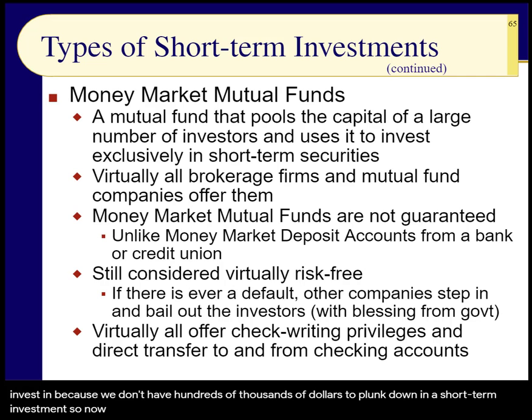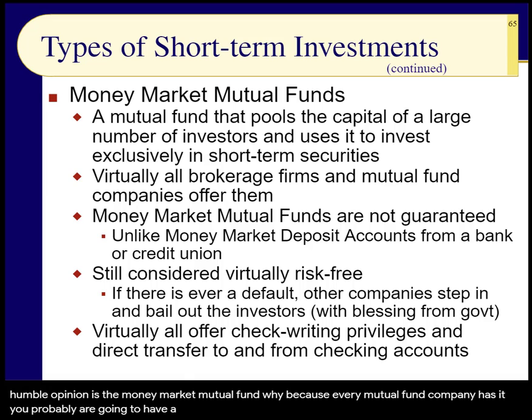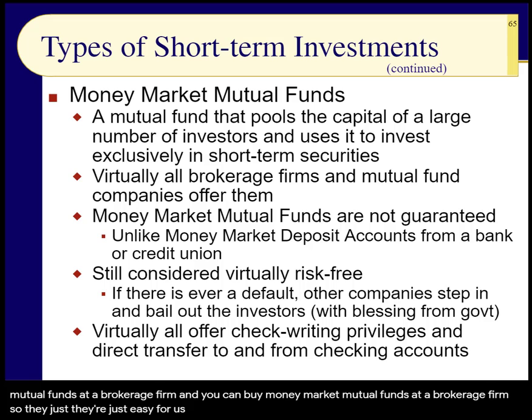So now, the one that I think for the vast majority of people is the best choice, in my humble opinion, is the money market mutual fund. Why? Because every mutual fund company has it. You probably are going to have a mutual fund account at a mutual fund company, or you might have mutual funds at a brokerage firm, and you can buy money market mutual funds at a brokerage firm. So they're just easy for us investors.